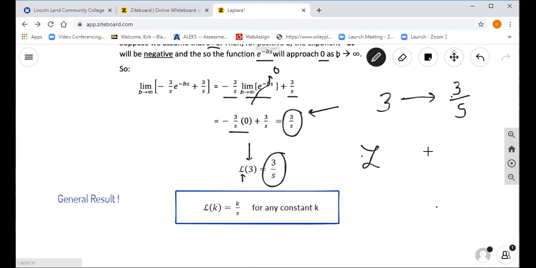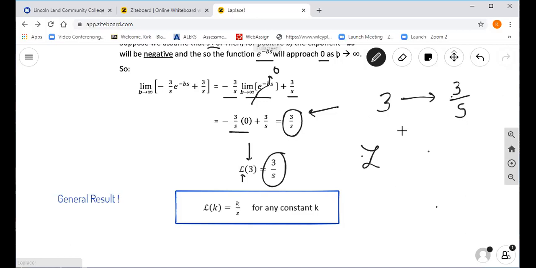So we call this an integral transformation. When we substitute in a particular function into the integral, what comes out, provided we have appropriate restrictions on s, is a function of s. And we refer to this function over here as the Laplace transform of this function over here.